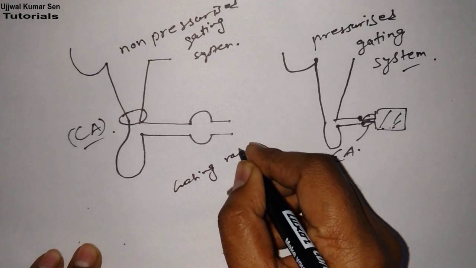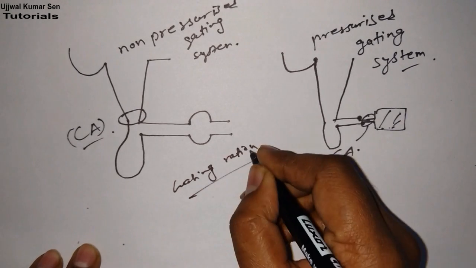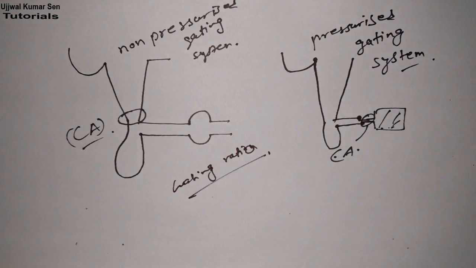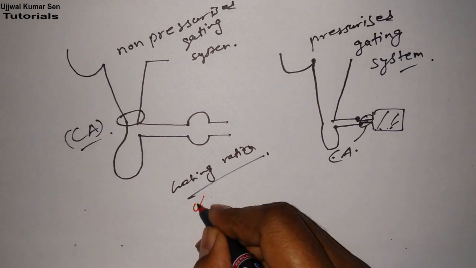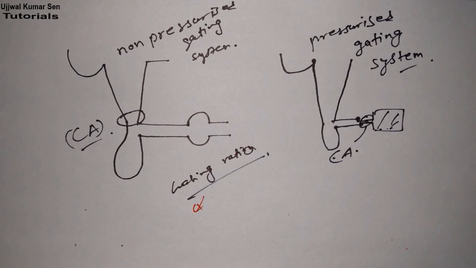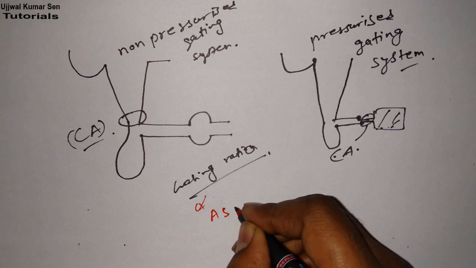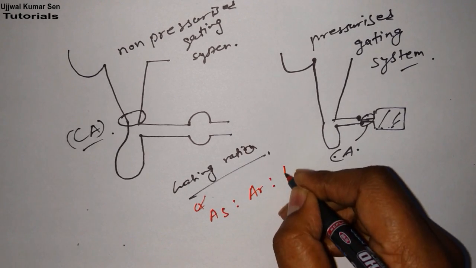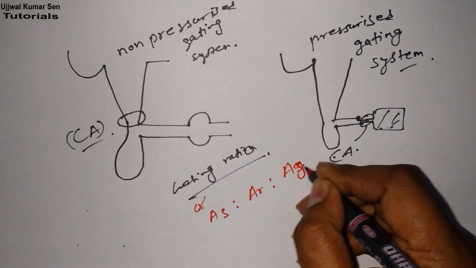I'm just going to tell you in brief about it. Through the gating ratio you can tell whether this is a pressurized or non-pressurized gating system. How? What is basically the gating ratio? There are three things we usually take: area of sprue, area of runner, area of gate.